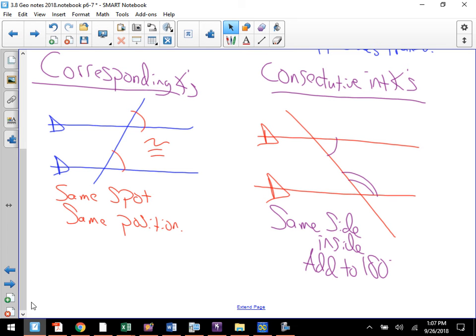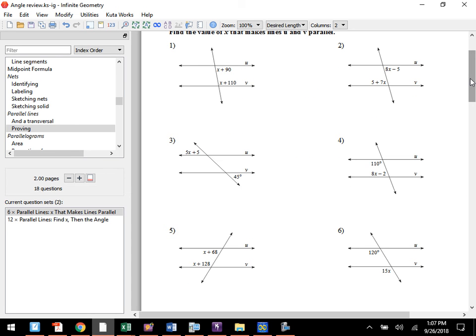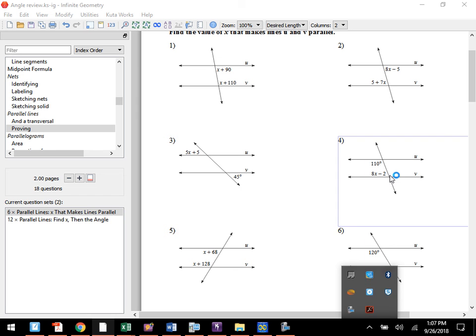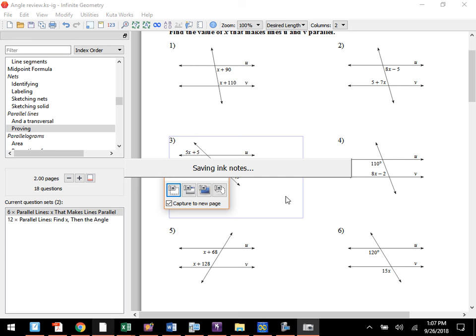Okay. Now, as you're going through the stuff on that sheet then, for example, if I look at number 3, the instructions for the first handful were find the value of x that makes the lines parallel.